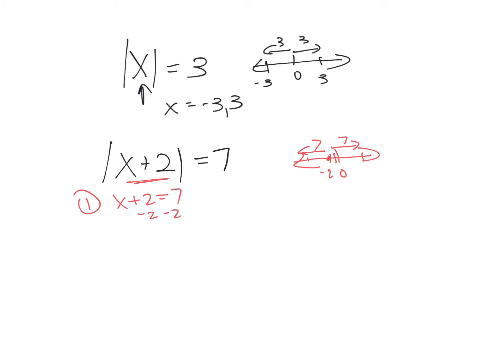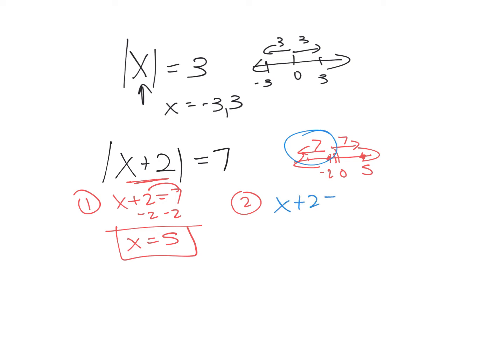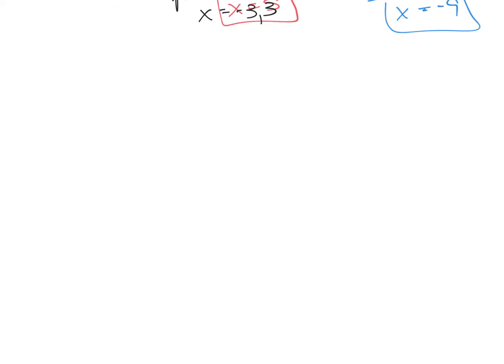So we're going to subtract 2, right? We're going to bring that over, combine like terms. So it's 5, so x equals 5 here. And then you have to have another equation for it to go in the other direction. So then we have x plus 2 equals -7. So it's going in the other direction. We're going to subtract the 2 and we get x equals -9. So at this point it's at -9. Okay, so we're going to keep building on that.